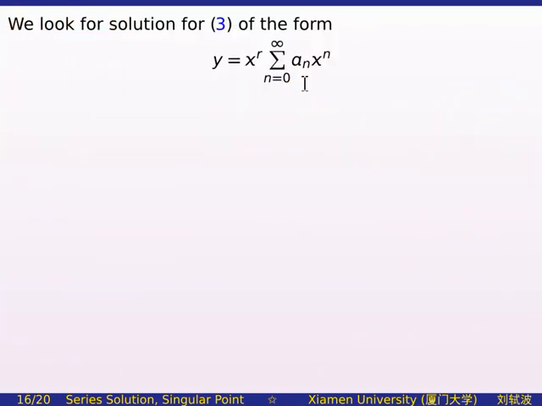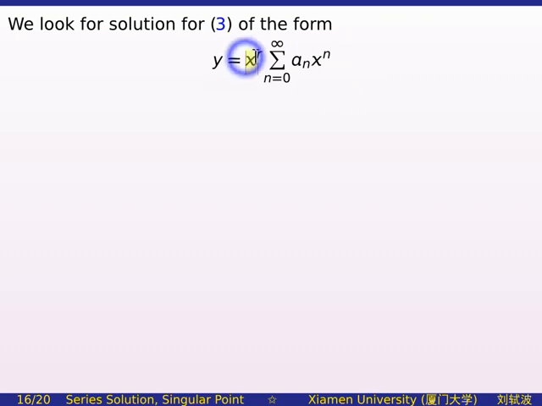So we choose the form: we study whether the equation has a solution that is a power function multiplied by an analytic function. I remind you that this function y might not be analytic, because our r here is not necessarily a non-negative integer.